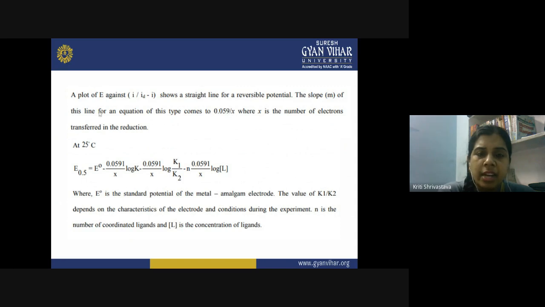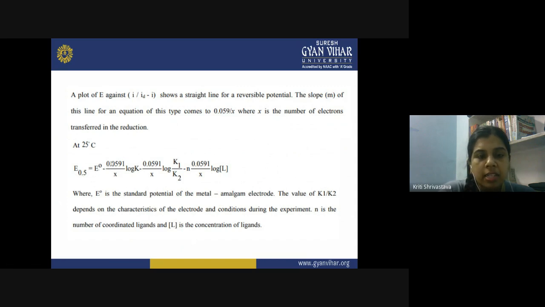So once you identify the slope of the line from the graph, that will be equal to this value, and from this you will calculate the value of x. Where x is what? It is the number of electrons transferred in the reduction process. So when you plot the graph, just get the slope of it, and the slope will be equal to 0.059 upon x, and x is the number of electrons transferred in the reduction. So E half will be what?